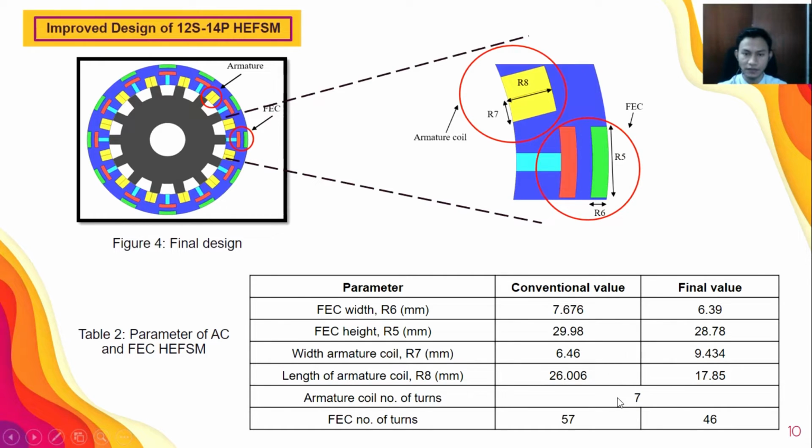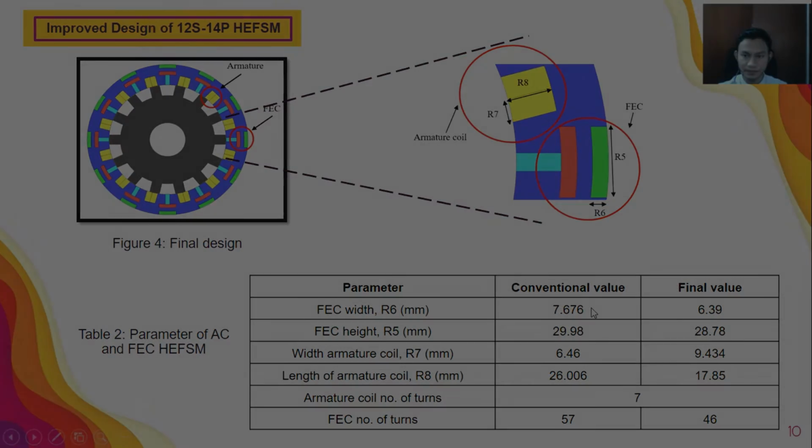The number of turns of the armature coil is 7, and the number of turns of the FEC is reduced from 57 to 46, which means the final area is much decreased from the conventional design.